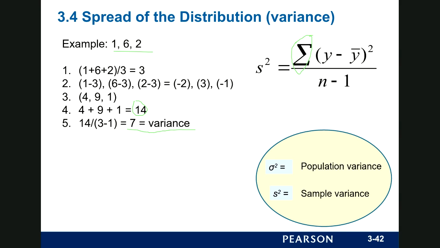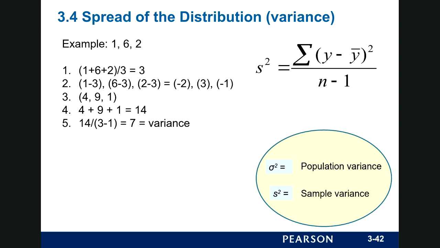I can see here, according to the formula, it's telling me how much each value varies from the average, how much it varies from the center. Does it vary a lot? Does it vary a little? Now, we came up with this number 7. At this point, I can't tell you if 7 is a large number or a small number.